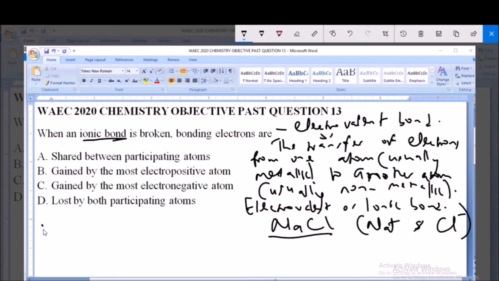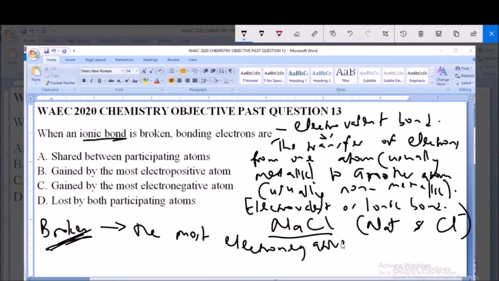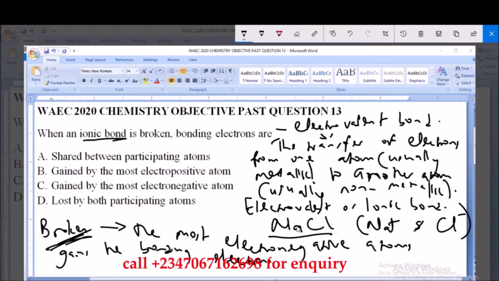Now when an ionic bond is broken, what happens is that the most electronegative atom gains the bonding electrons. So for example, you have sodium chloride, and the bond between these two is broken.